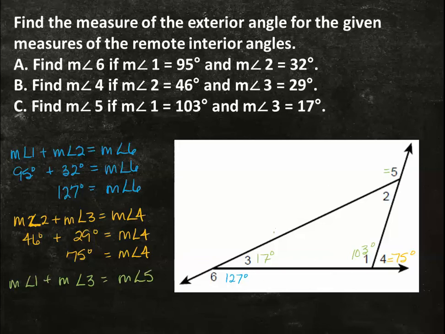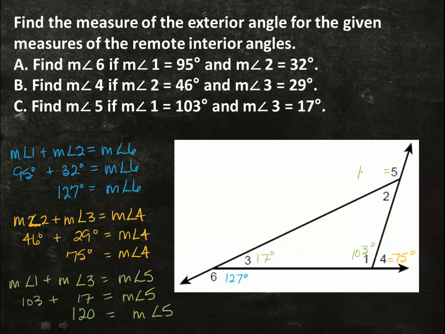Notice how 1 and 3 are the remote interior angles. So I've got 103 plus 17 equals the measure of angle 5. I'm betting that's going to be 120. Yep, so I've got 120 equals the measure of angle 5.